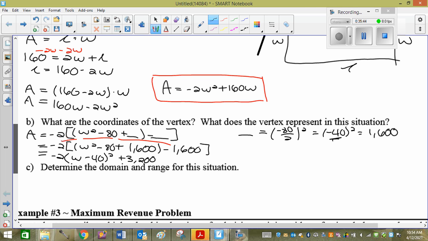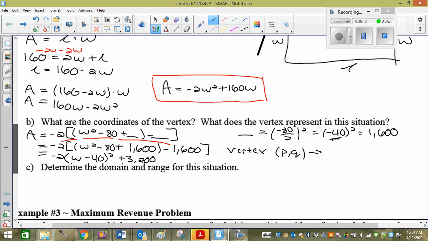And then similarly, it says, what does the vertex represent in this case? So what does our vertex represent? Kylie, what does this represent? The vertex represents. What did you say it represents? Like the area. Yeah, exactly. Well, partially of it. So we have our P and our Q, right?